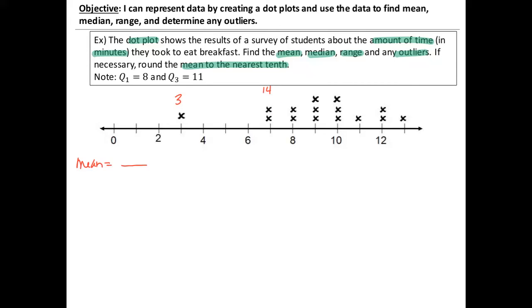Right now I'm just adding. 2 sevens gives me 14. 2 eights gives me 16. 3 nines gives me 27. 3 tens gives us 30. Then I have 1 eleven. 2 twelves gives us 24. And then 1 thirteen. So basically go add those values up, and that'll give us what they add up to. Okay?